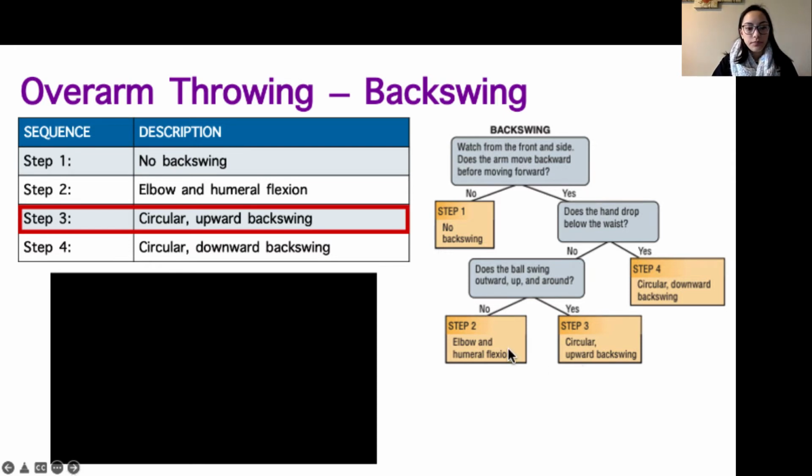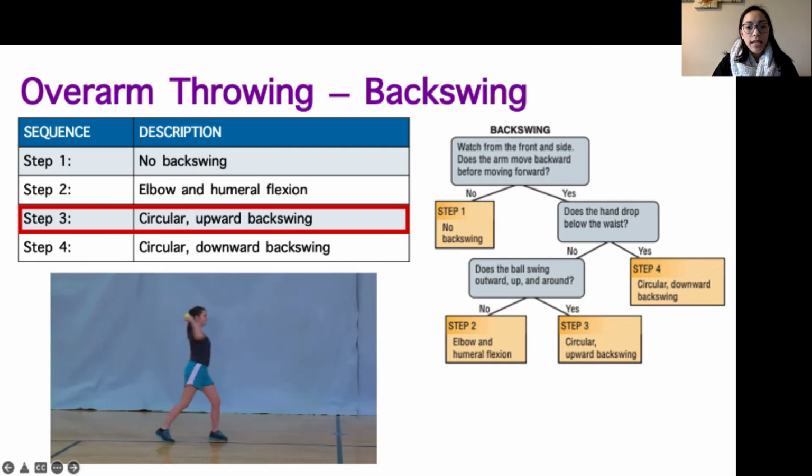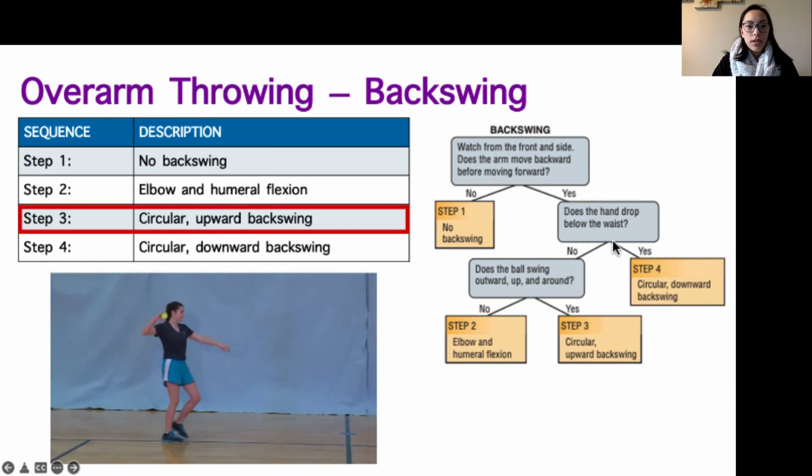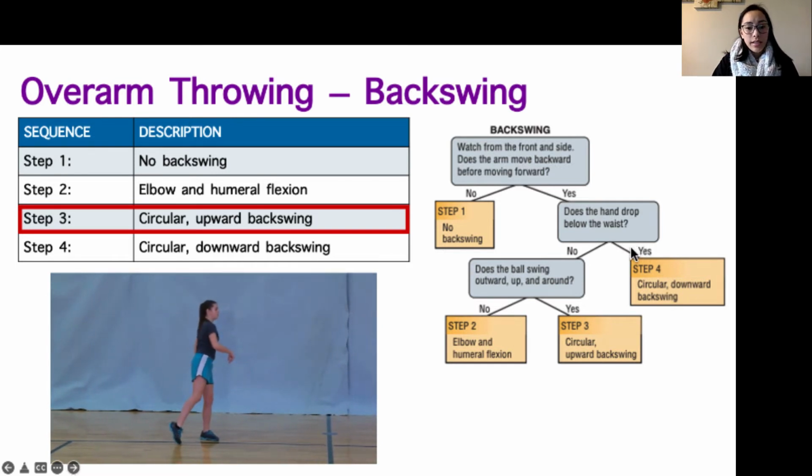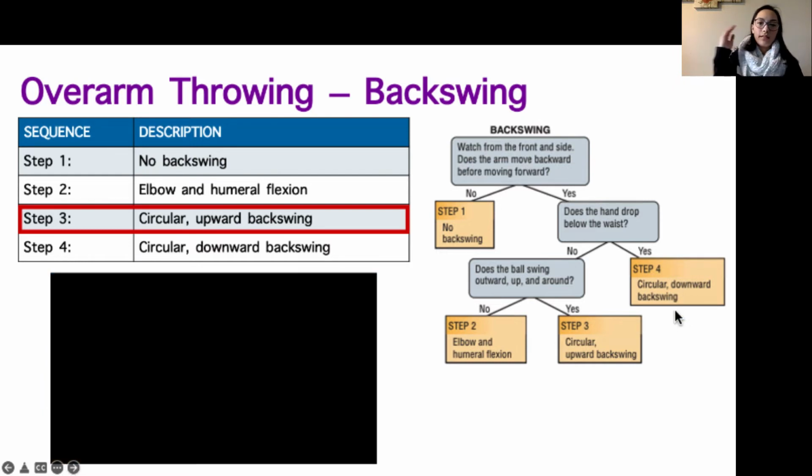Okay. Now, the last step, if we're looking at does the hand drop below the waist, and we say yes, that would be a circular downward backswing because the arm is dropping down and back below the waist.